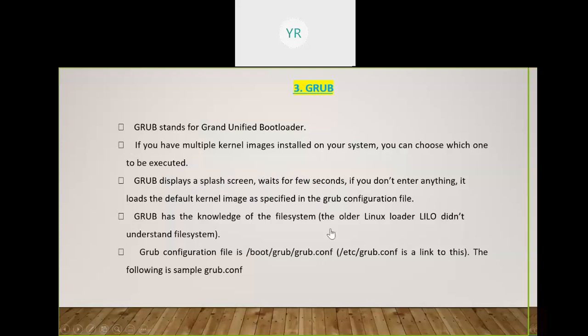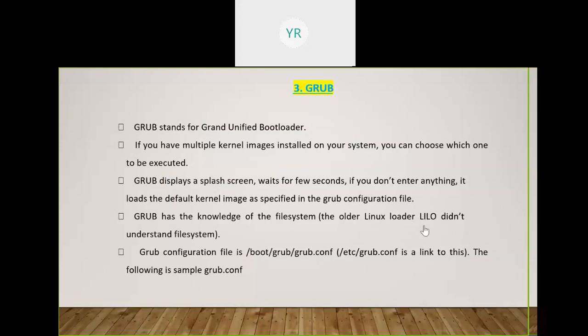Okay, next, grub has knowledge to understand the file system. In older systems, that facility was not there. That means in RHL4 and earlier versions, the name of the bootloader is LILO.